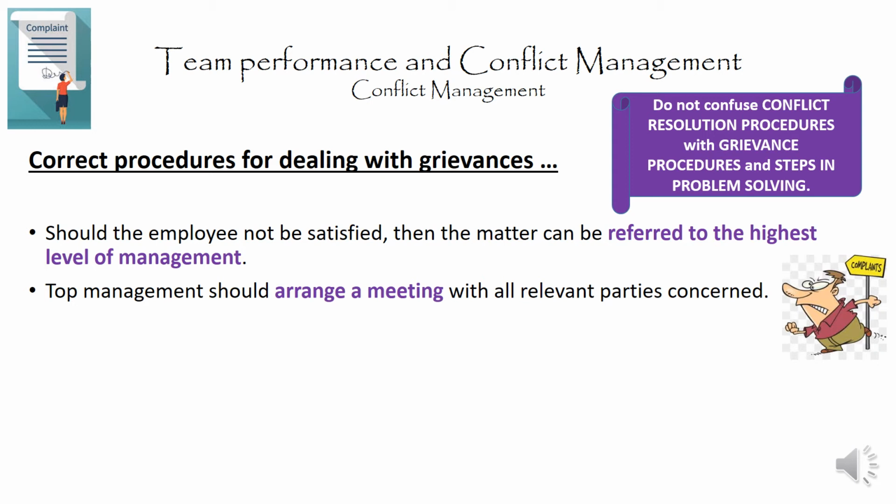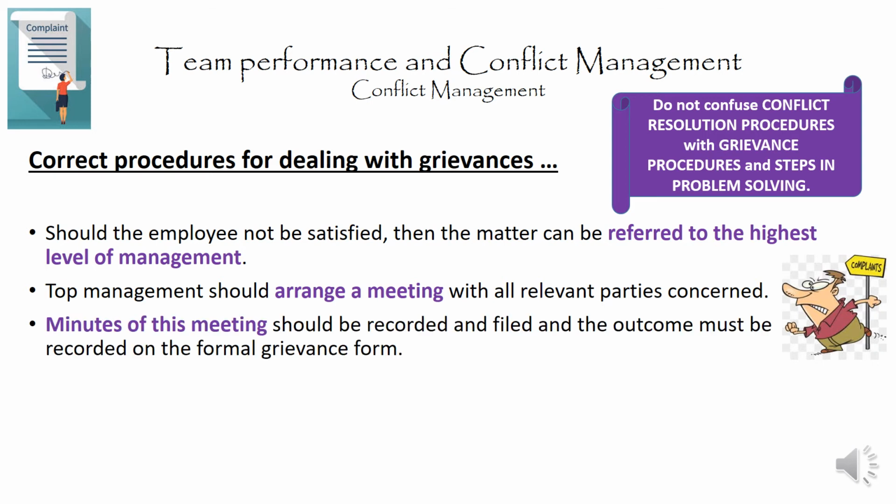Then top management will arrange a meeting again with the aggrieved party, me, and the person that I am accusing of sexual harassment, for example, okay, and also my direct supervisor. Now, everybody that was involved in the grievance process up to this point should be at this meeting with top management.